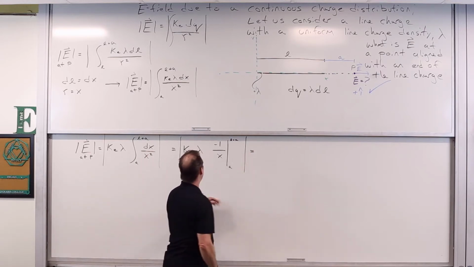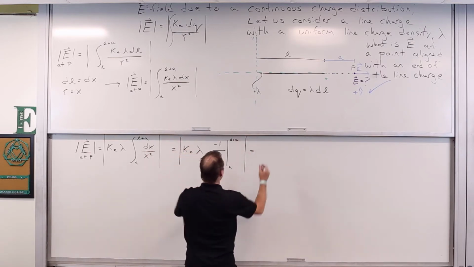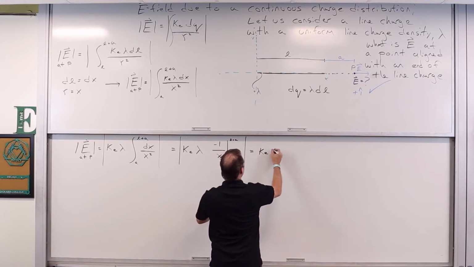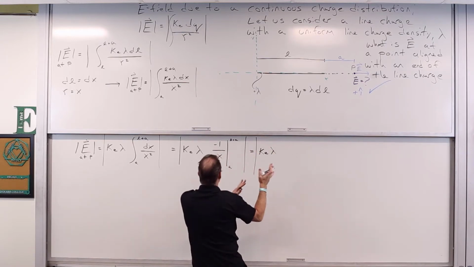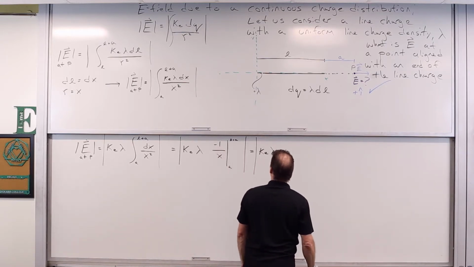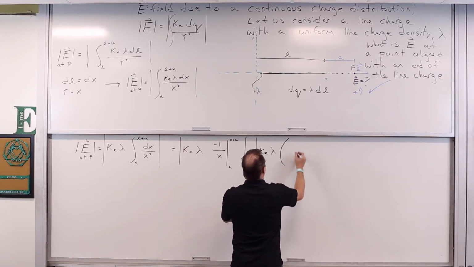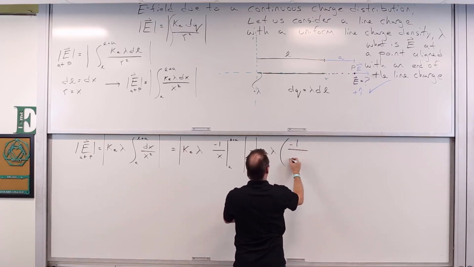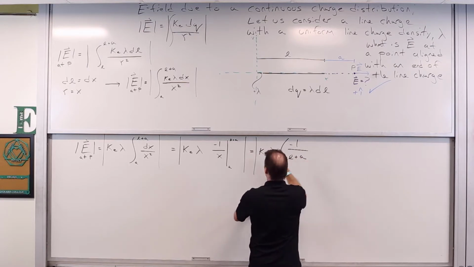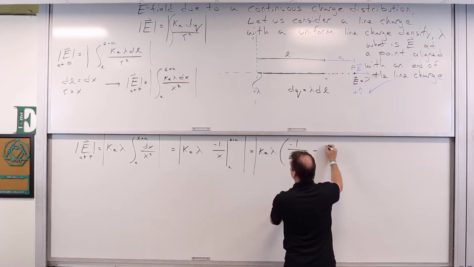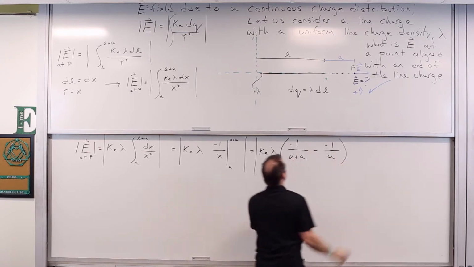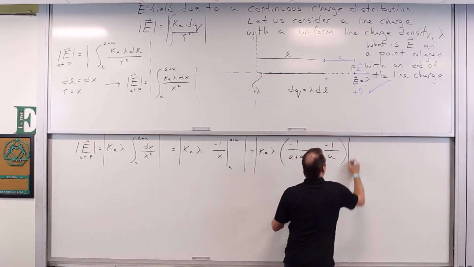We can go ahead then and evaluate this over these limits. So we've got ourselves k sub e times lambda, an absolute value. And then we've got negative 1 over L plus A minus negative 1 over A. Close absolute value.